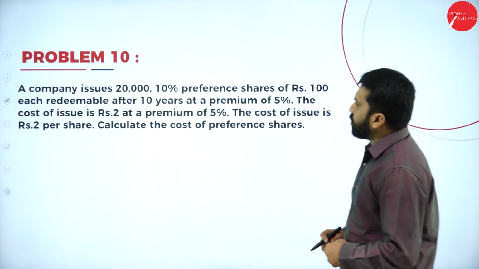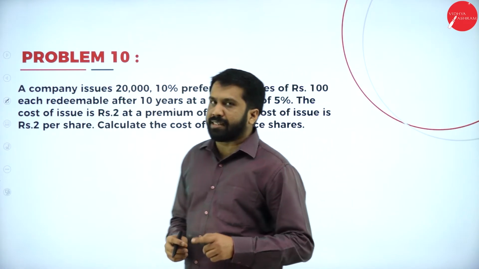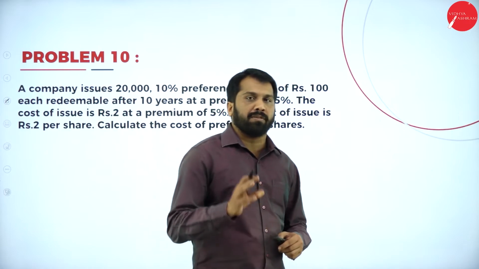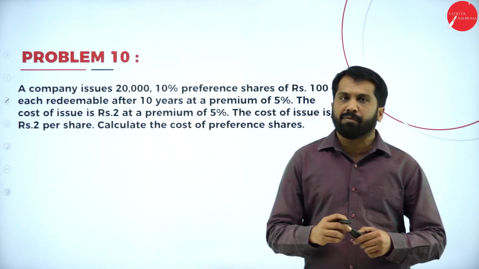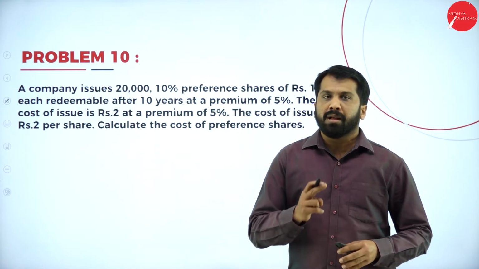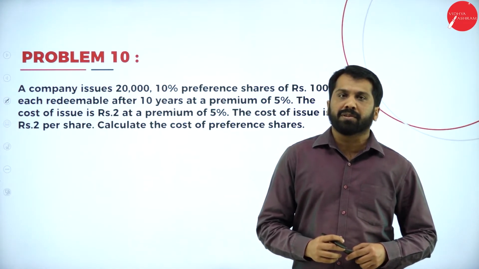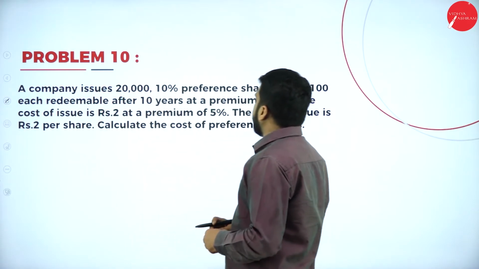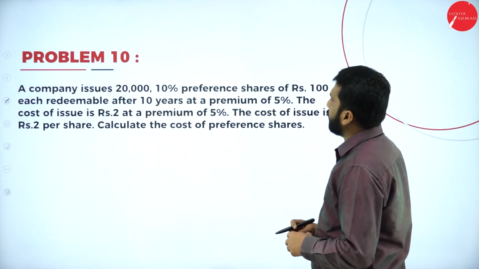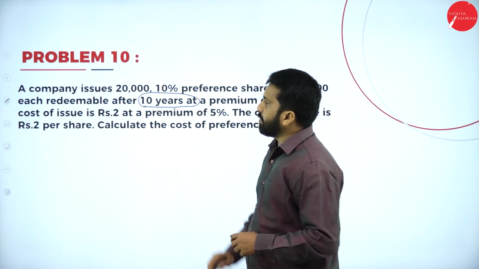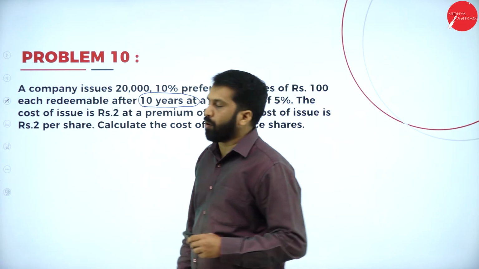Now, the last problem for the day, and this will be homework for you. I'll show you the format, the formula, what is MP, what is NP, everything, but you're supposed to work out this. A company issued 20,000, 10% preference shares of rupees 100 each, redeemable after 10 years. 10 years means it is a redeemable problem.